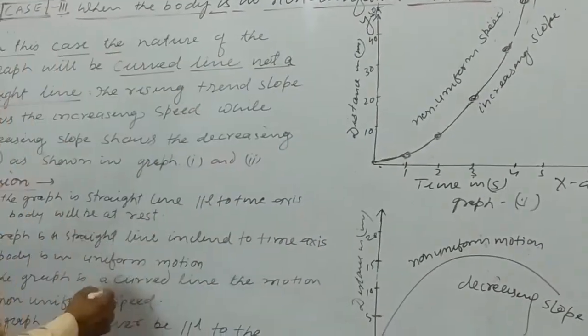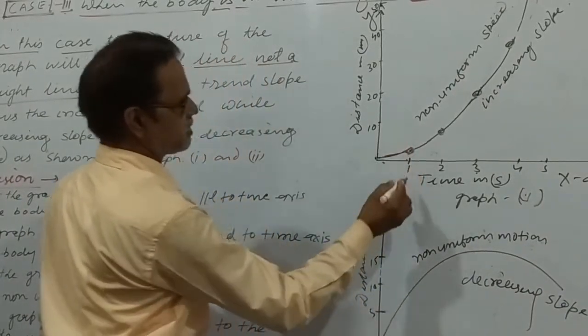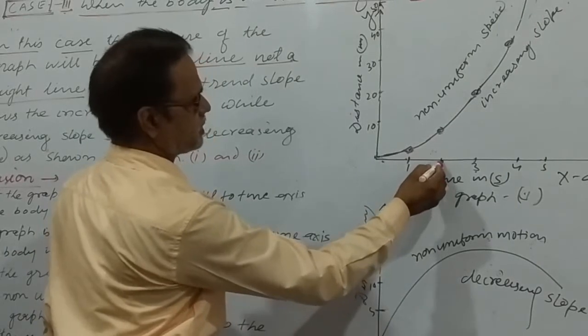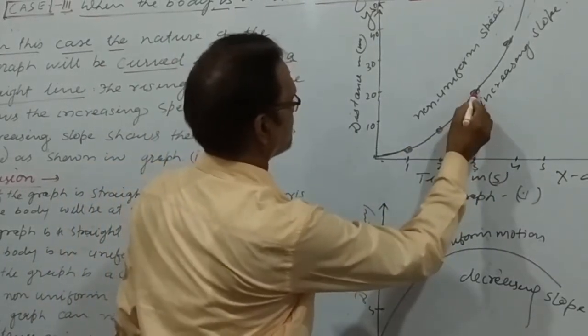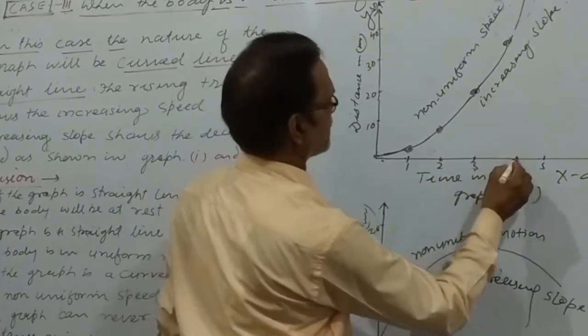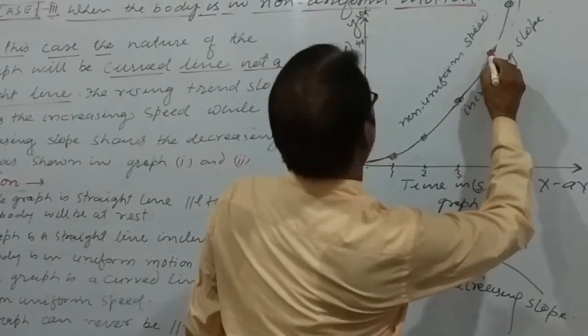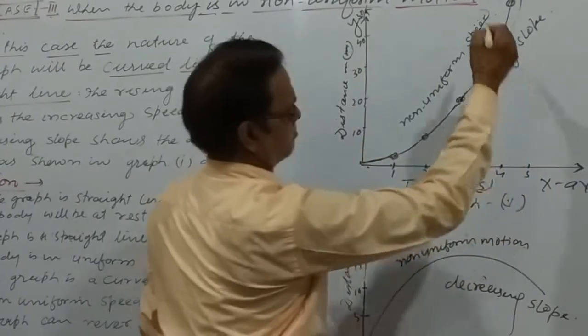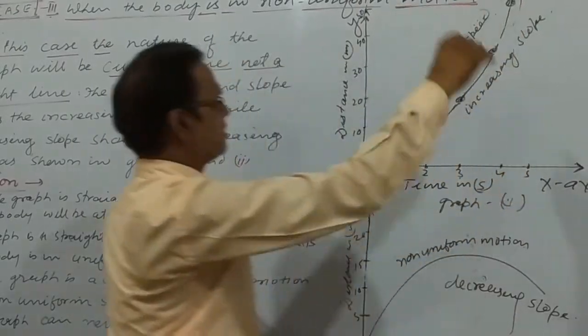In 1 second the body covers here 2 meter. In 2 seconds the body covers 8 meter. In 3 seconds the body covers 18 meter. And in 4 seconds the body covers 32 meter. In 5 seconds, the body covers 50 meters.